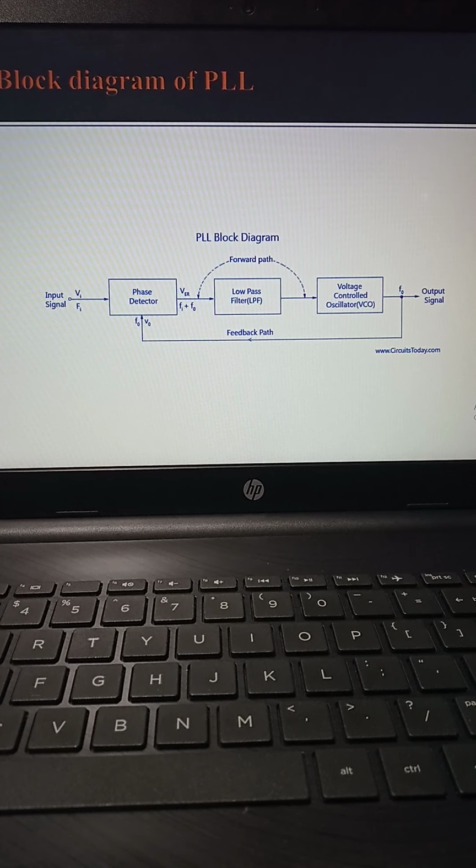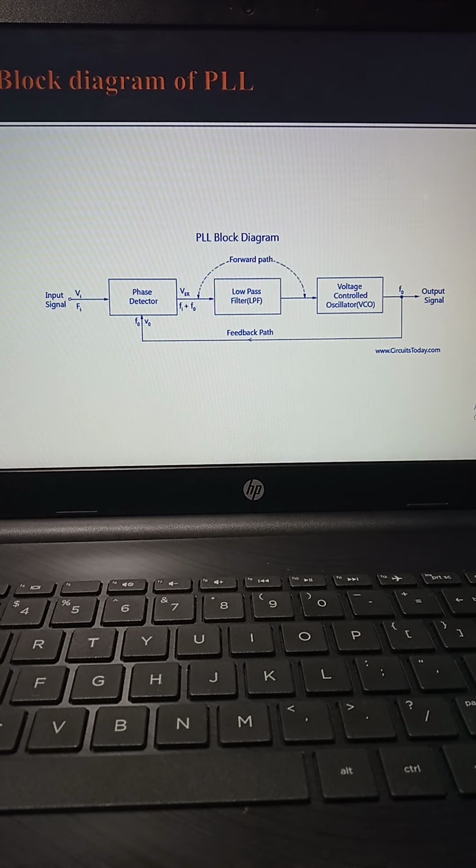As its name indicates, the comparator or phase detector is basically used to compare two signals. One signal is the input signal, that is voltage Vi and frequency Fi. The other input received by the comparator is the feedback signal. The feedback signal is the output, or a part of the output, given back to the input.